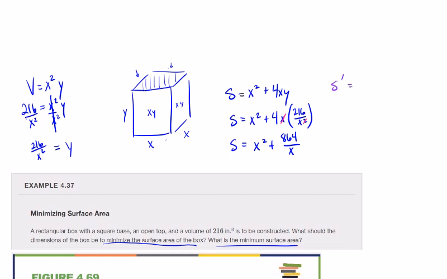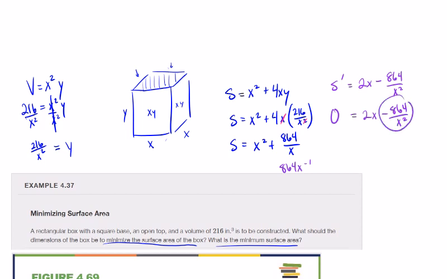So s prime is going to be 2x, and then minus, because remember, this is 864 x to the negative 1 power. So we'll multiply by negative 1, so it'll be negative 864 over x squared, because we'll take away 1 from negative 1, and that'll give us negative 2, or in other words, x squared in the bottom. Now we want to set this equal to 0 and solve for x.